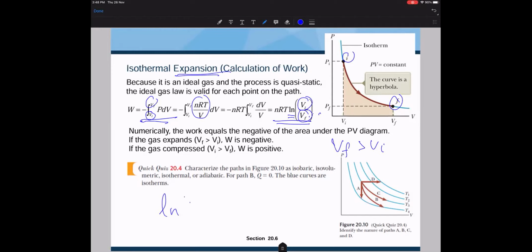The meaning of this natural log is to have a log of x with the base number e. This e is what we call a natural number.